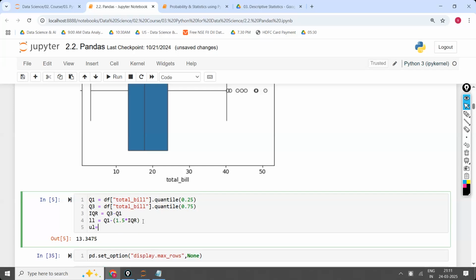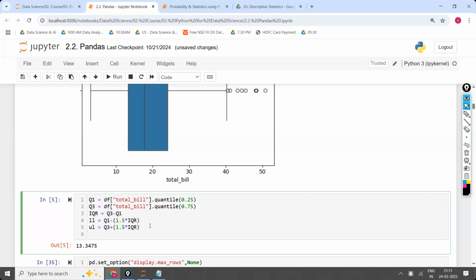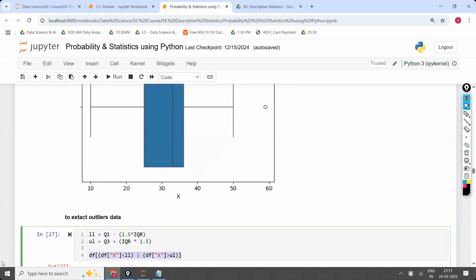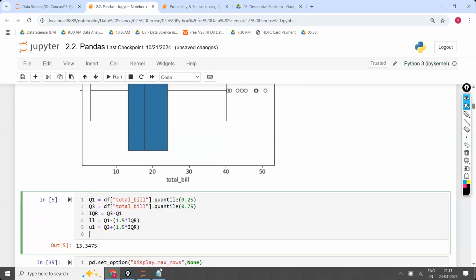Upper limit is equal to Q3 plus 1.5 into IQR. Now I'm going to extract the data wherever the value is less than the lower limit and wherever the value is greater than the upper limit.